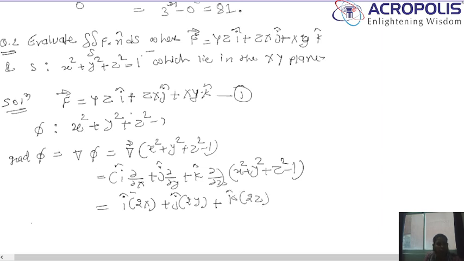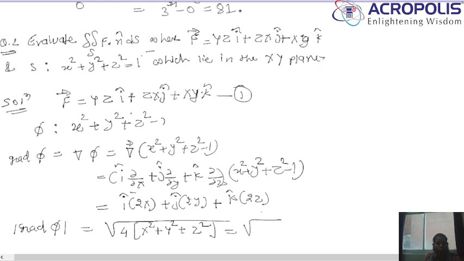Now calculate the value of mod of grad phi. The value of mod grad phi is nothing but the square root of 2x whole square plus 2y whole square plus 2z whole square. If we take 4 outside, the resultant value is x square plus y square plus z square, and we know that by the equation of the surface, say equation number 2, this is equal to 1.